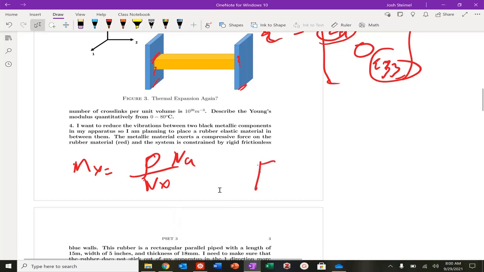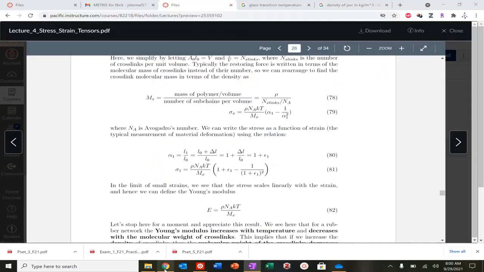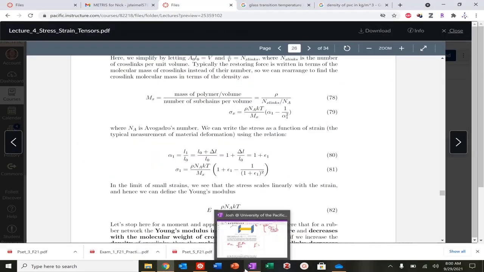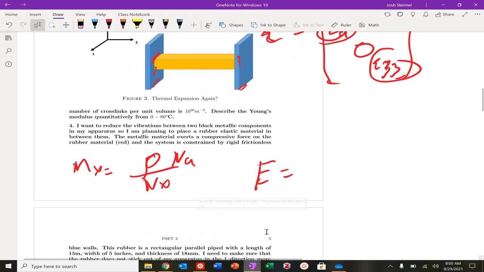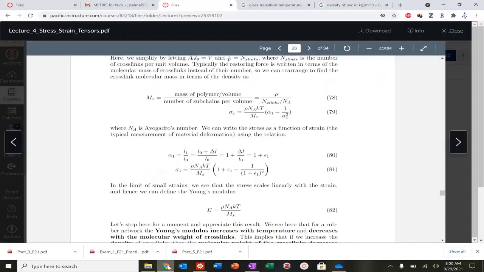So we usually have E is equal to rho Na over mx, and then I think it's a kT, but let's just double check this. Yep, a kT.